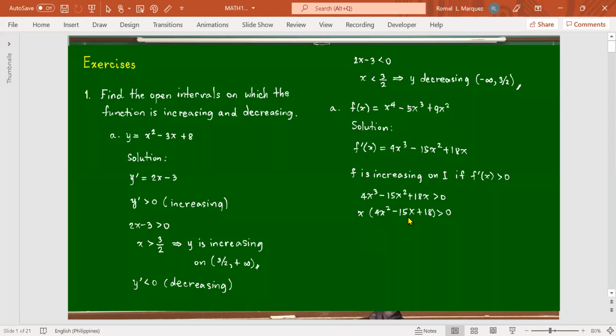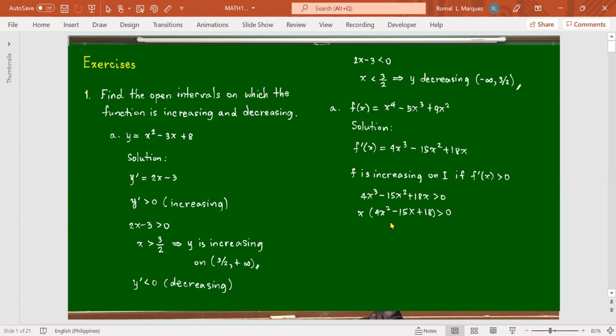It means this is not crossing the x-axis when you draw the graph of y equals 4x squared minus 15x plus 18. Since the coefficient of x squared is positive, it opens upward. This is a parabola above the x-axis, so it will not intersect the x-axis. So it will not have real roots if equated to 0.